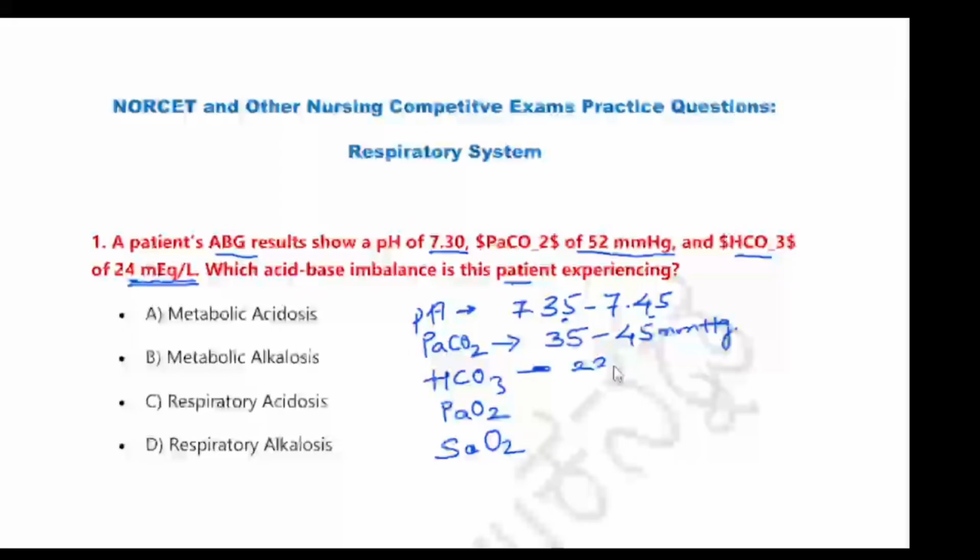If pH is less than 7.35, then that condition is called acidosis. Then PaCO2, if it varies, that condition is related to respiration, that is lungs. And bicarbonate, this component is related to kidneys.